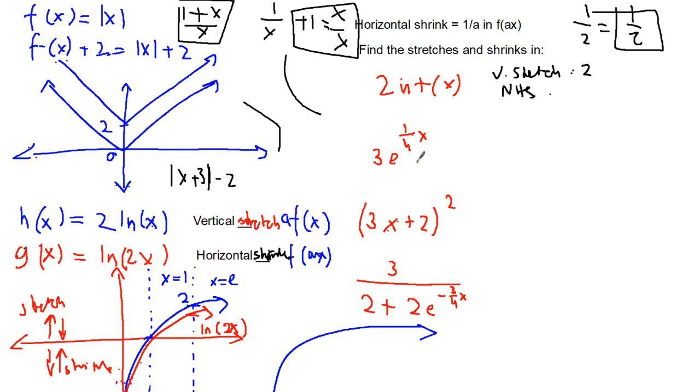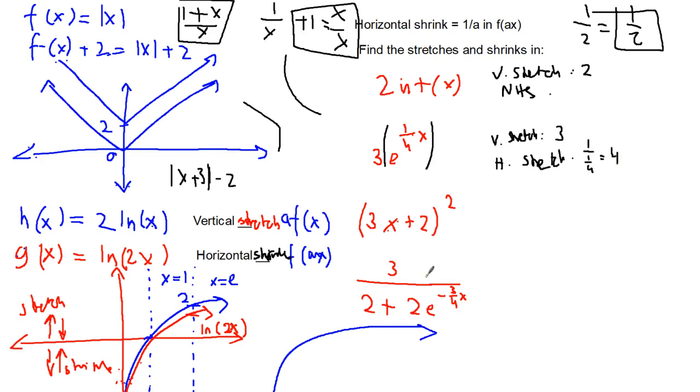This is our f of whatever x, and this is our vertical stretch component. Our vertical stretch component is 3, and our horizontal stretch component, it's a horizontal stretch, first of all, because the number is less than 1. It's 1 over 1/4, which is equal to 4.